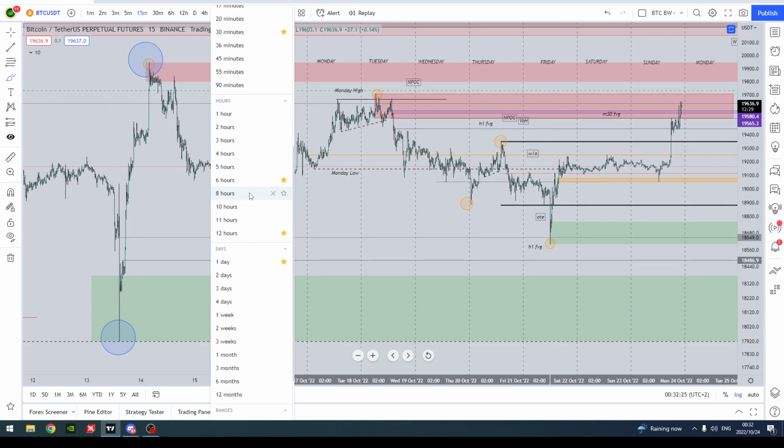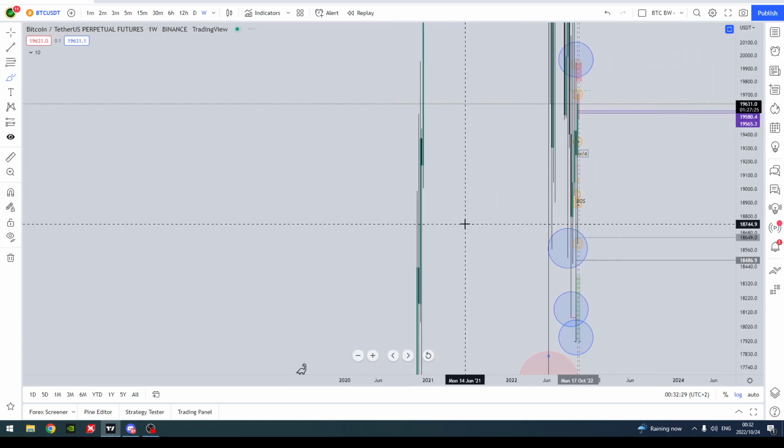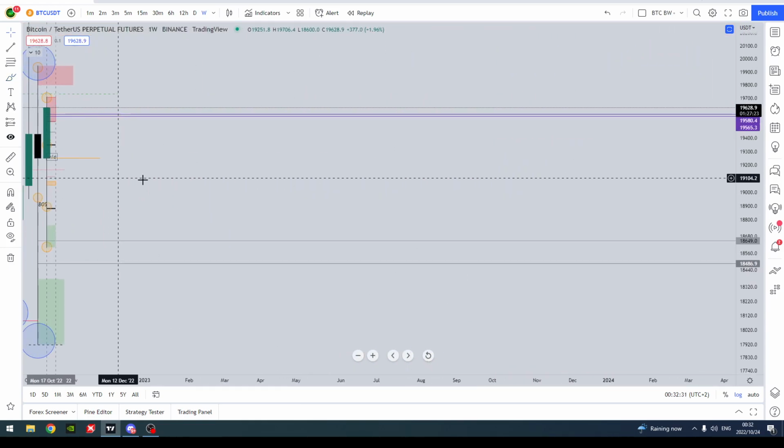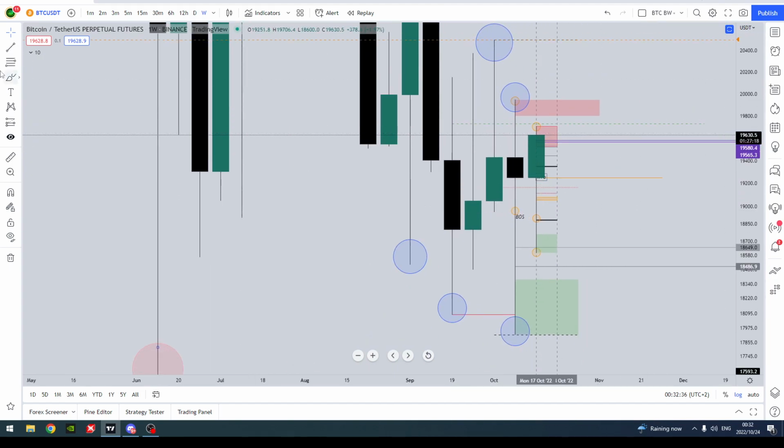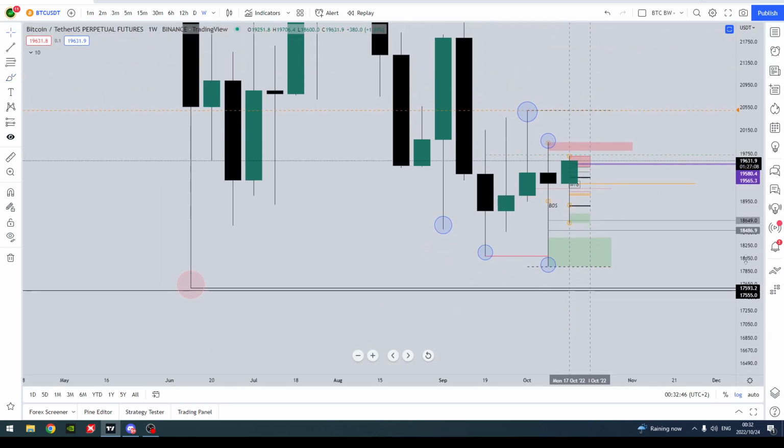So that leaves the weekly candle looking pretty crazy. Right, you can see that long wick to the downside, and we are back above the weekly open there.